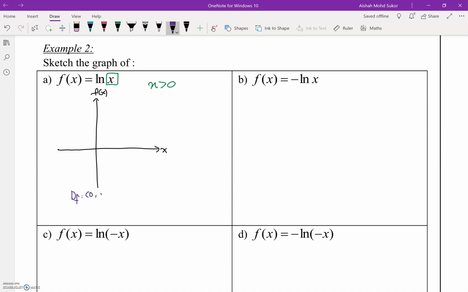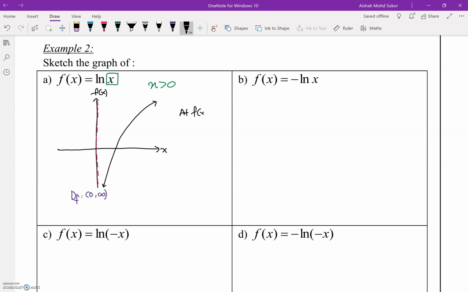Our domain will be 0 to infinity. It means that there will be a vertical asymptote at x equal to 0, and our graph will never cross x equal to 0. So this is the graph.